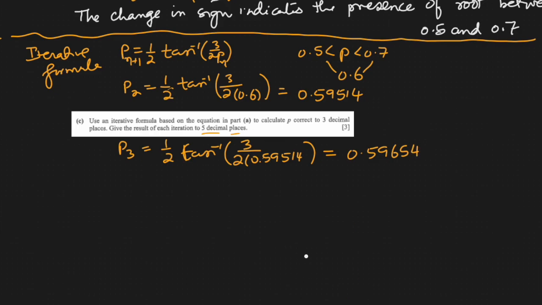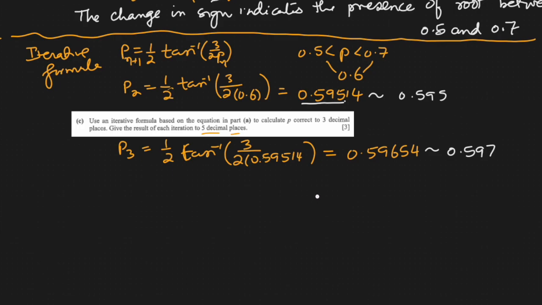What should I do whenever I write 5 decimal places iteration? I should round them off to 3 decimal places, so that if 2 consecutive places we have exactly the same value, that will be our answer. So if I round it off to 3 decimal places, it will be 0.595. This one will be 0.597. So they are not equal. I'll keep on doing it until this happens.